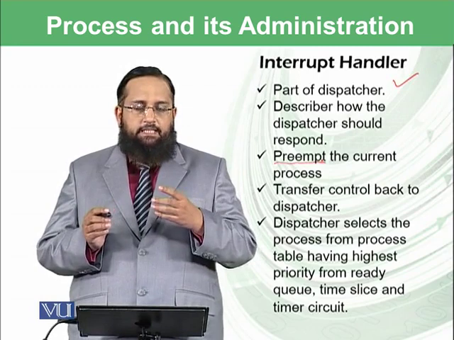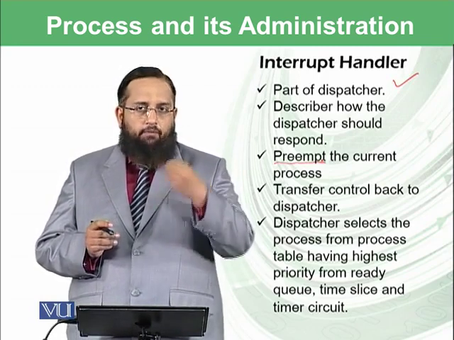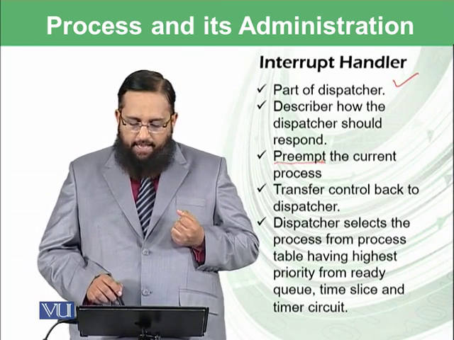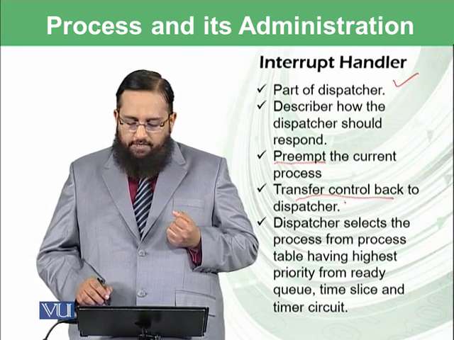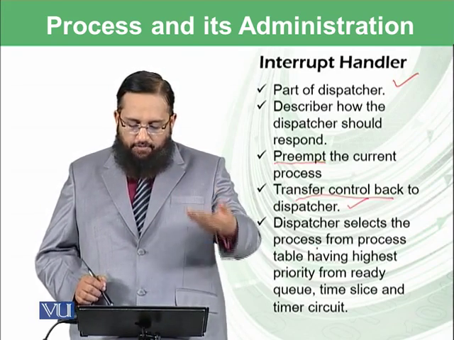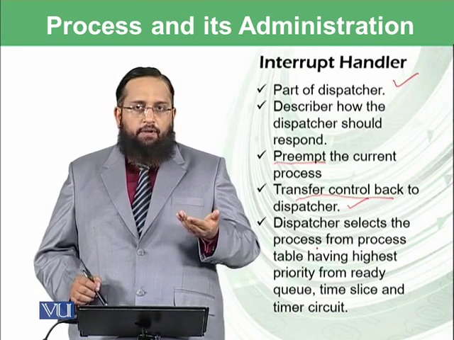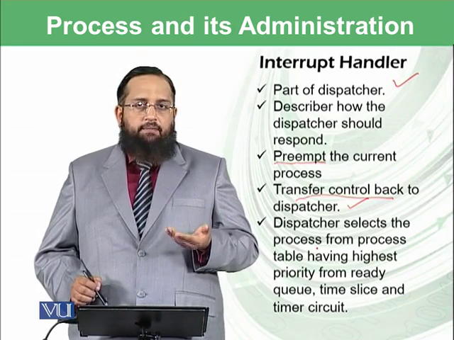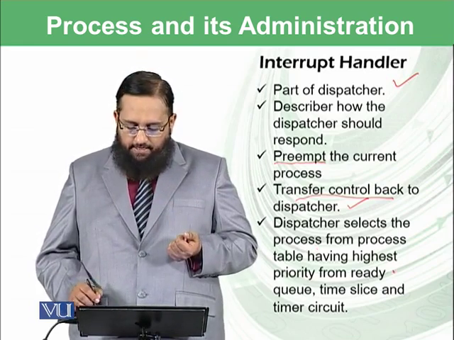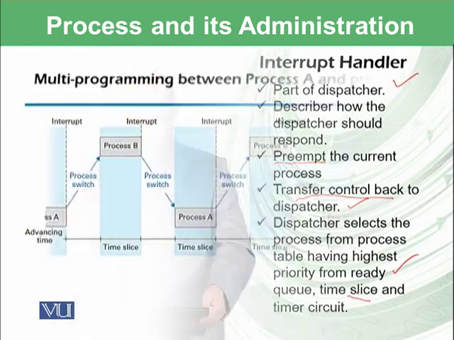It forcefully takes the CPU from that process, and that is known as preemption. Then it transfers control back to the dispatcher, and the dispatcher selects the process from the process table having the highest priority. If all of the priorities are the same, then whichever process arrived first is selected from the ready queue, a time slice is given, and the time circuit is again initiated.